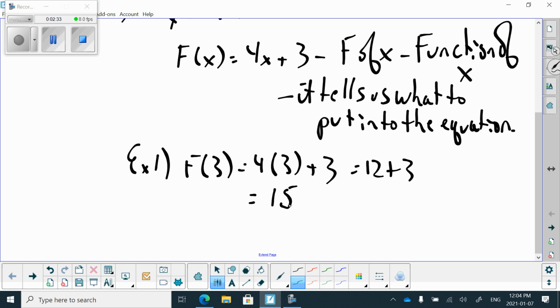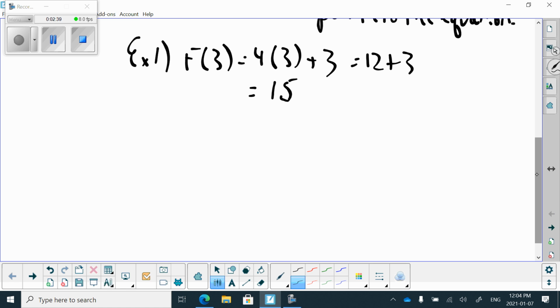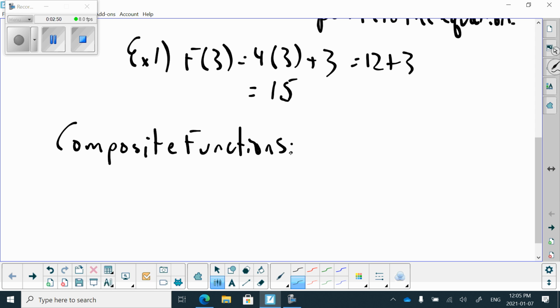Okay, so I could do a whole bunch more examples like this, but I'm sure that you'd be okay. What isn't review of grade 10 is something called composite functions. That's when we have a function inside of a function.